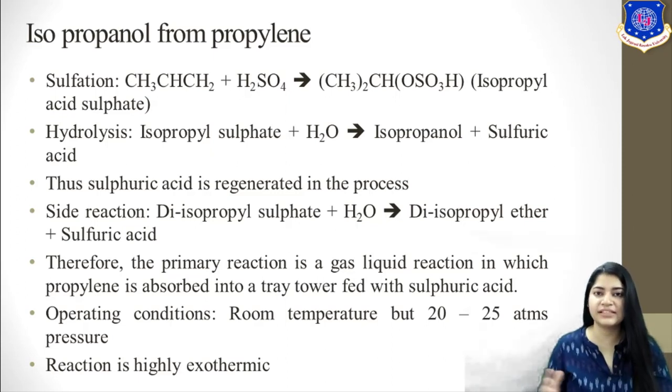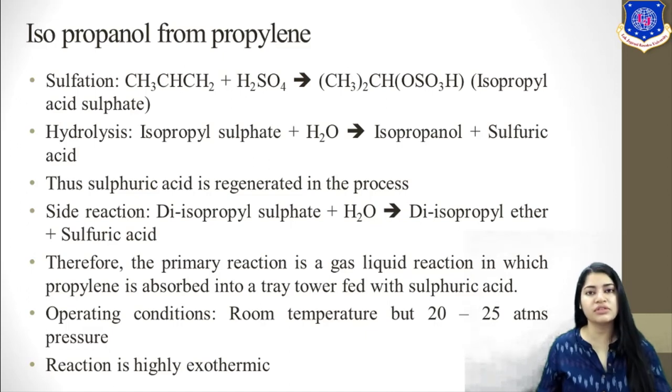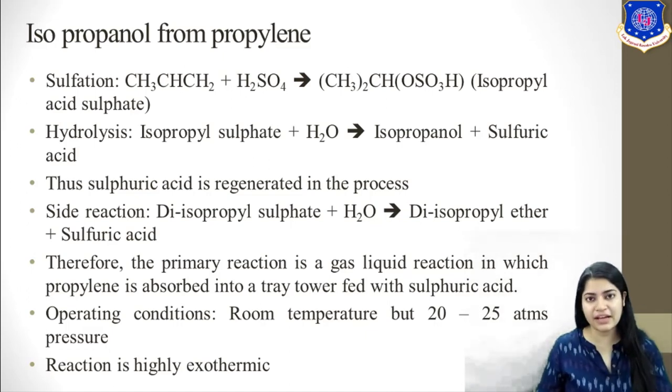Isopropyl acid sulfate. The next step is to carry out the hydrolysis. This intermediate isopropyl sulfate, when it reacts with water, you get your isopropanol and sulfuric acid. From the reaction you can see that your sulfuric acid is regenerated, so a regeneration process also goes side by side with your main reaction.